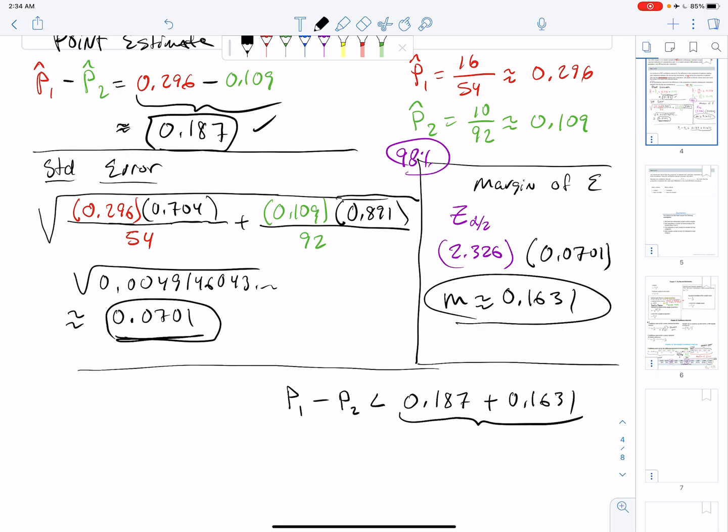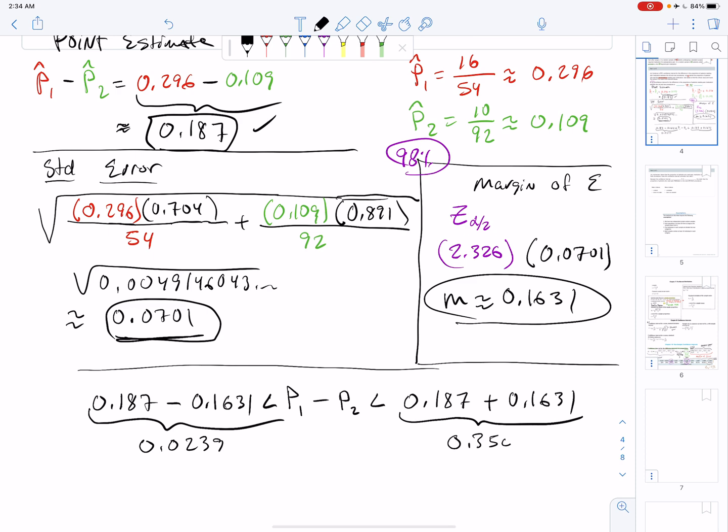Then over here, we once again start with our point estimate of 0.187. Now subtract our margin of error from it. Margin of error was 0.1631. When I calculate that, I'm getting 0.0239. And over here, I calculate this, I get 0.3501.